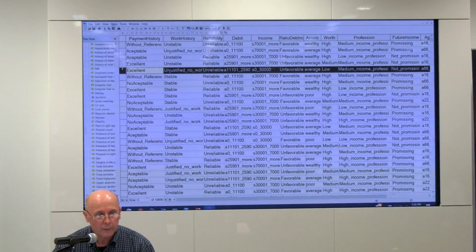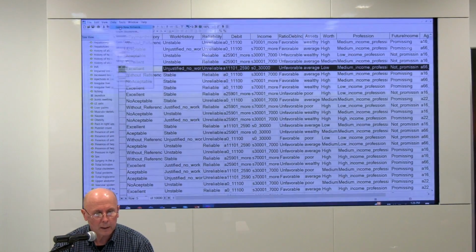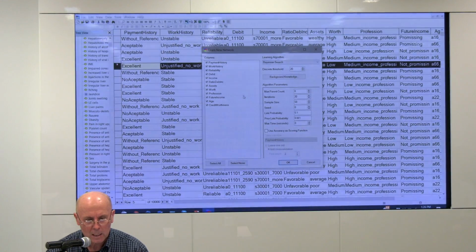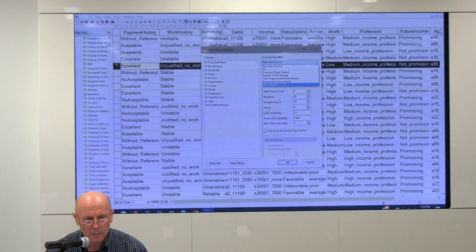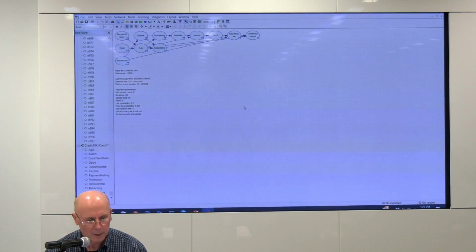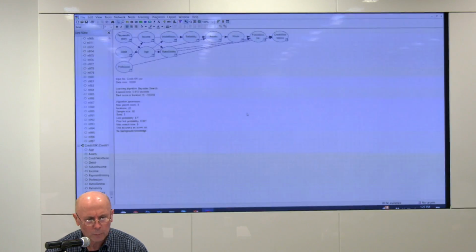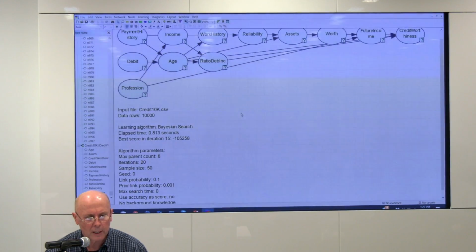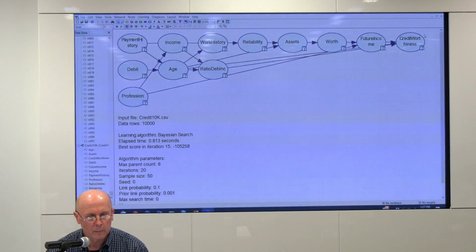So when we have that, we can learn a new network. There are a number of algorithms for doing this, but let me just do this. Here we are. We have a network learned from data. I don't have enough time to tell you more about the algorithms used, but if you remember, I talked about independencies.